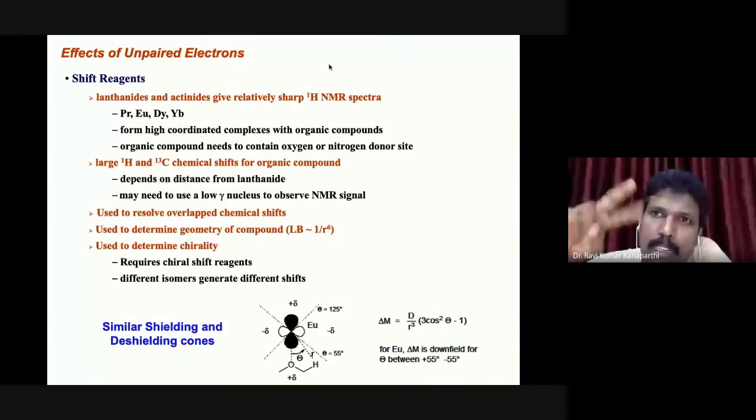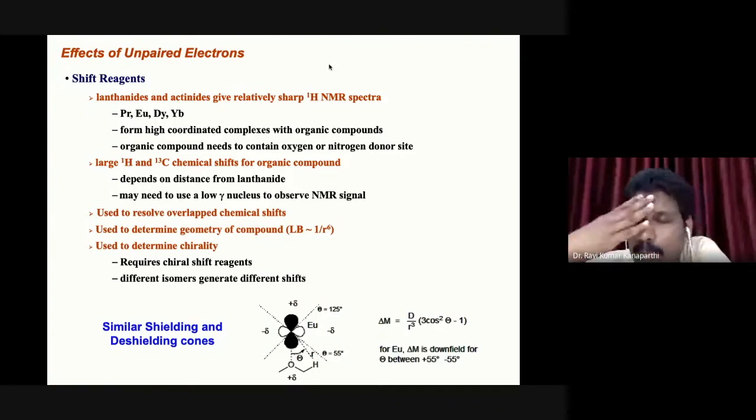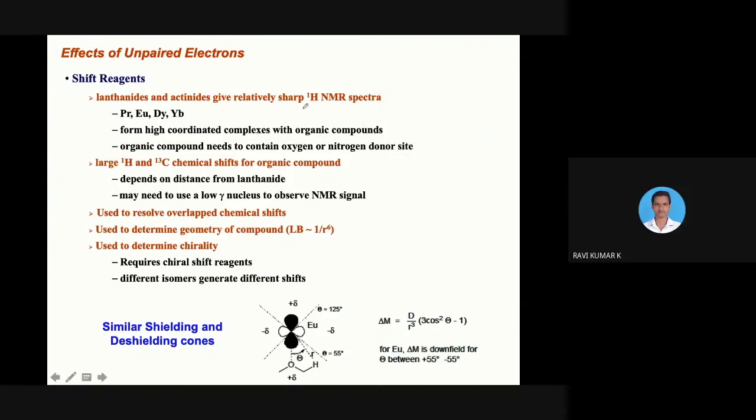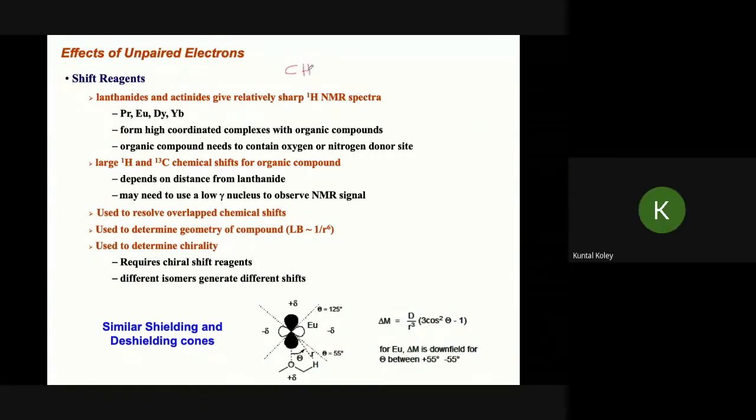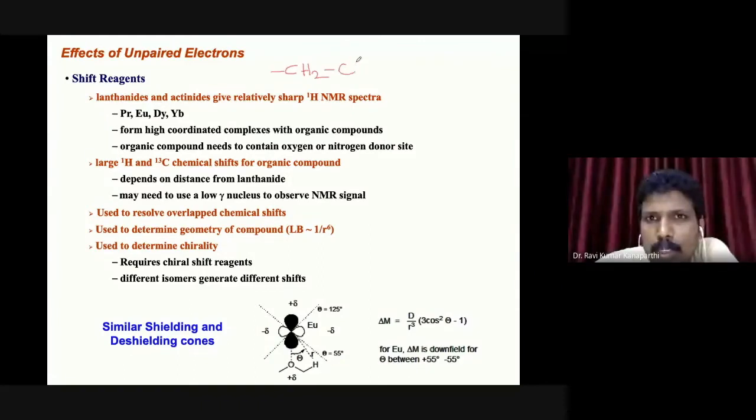Beta carbon, 2 protons. Gamma carbon, 2 protons, right? Everywhere you have 2 protons except the methyl, the last carbon atom. How many CH2 groups are there? Can you tell? 5. Yeah, so 5 CH2 groups are there.